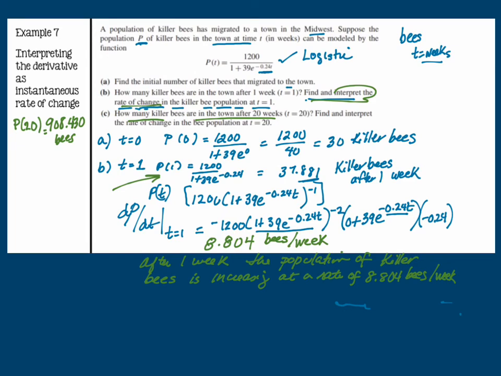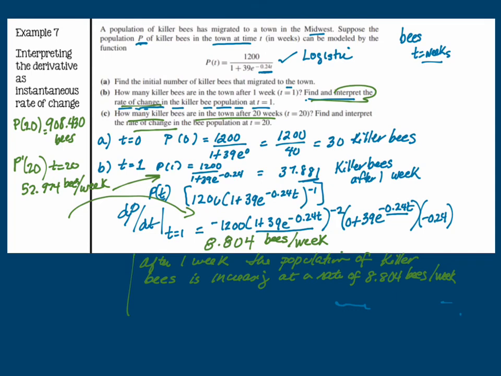Then they want P prime of 20, the rate of change. You would go right back to your derivative and put 20 in for t. Do that with your calculator and you should get 52.974 bees per week. So what does that mean? We're going to do the same thing.